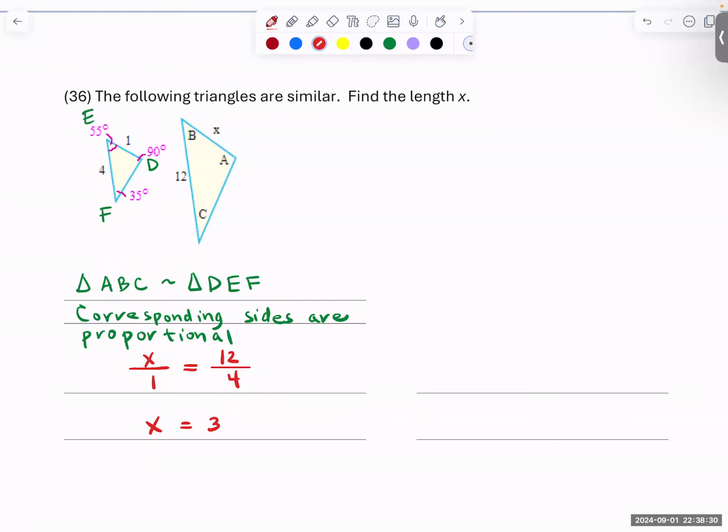Now, if we want to go a little bit further, since triangle DEF has its angles labeled, we can say in triangle ABC, we know that angle A has a measure of 90 degrees, so we can write the measure of angle A is equal to measure of angle D equals 90 degrees.